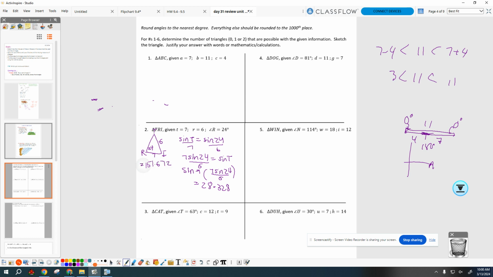Top left, 0. 28, 152, and 152 plus 24 is still under 180. So, yeah, exactly. How many triangles? I heard one. How many triangles? 0, or 1. Somebody says one.